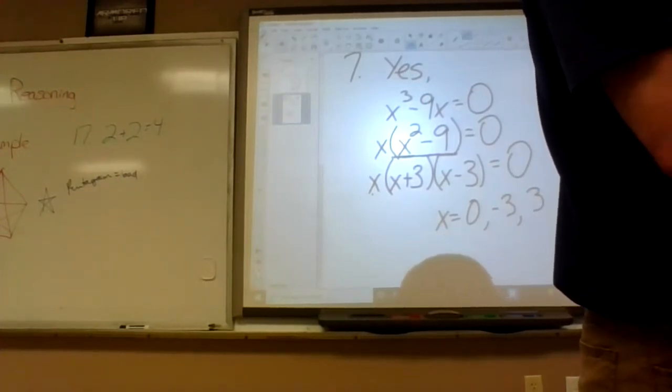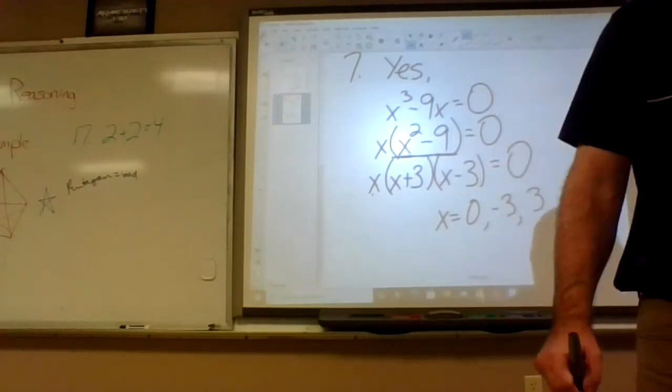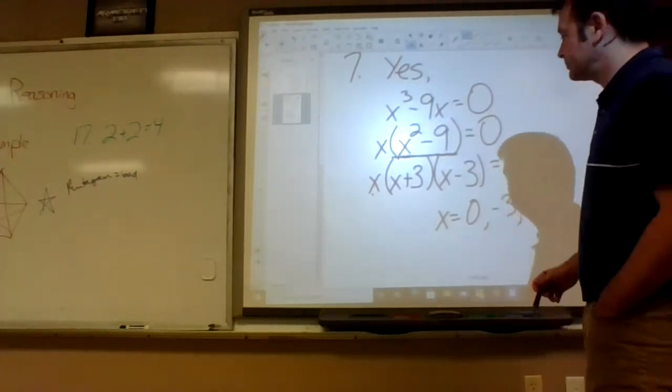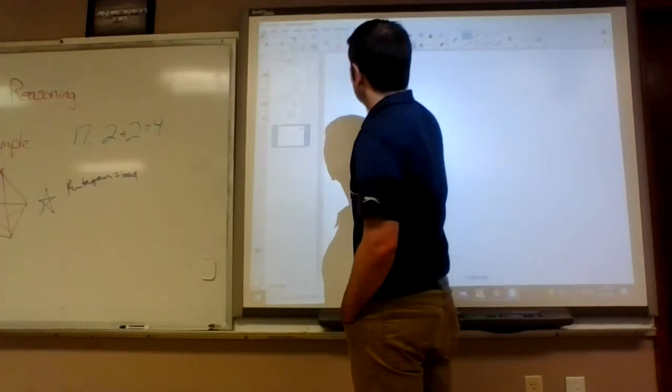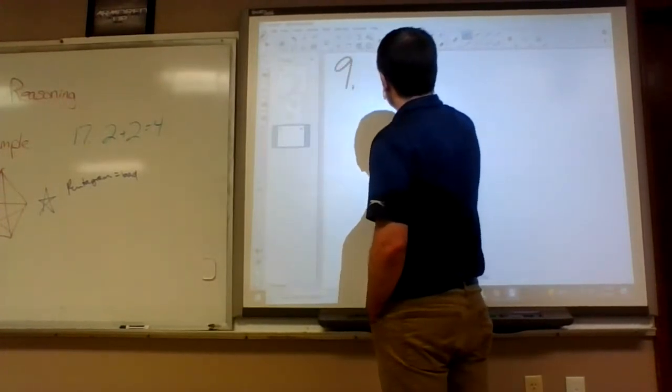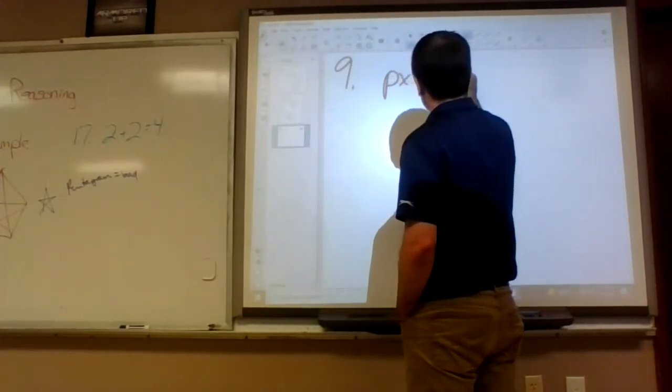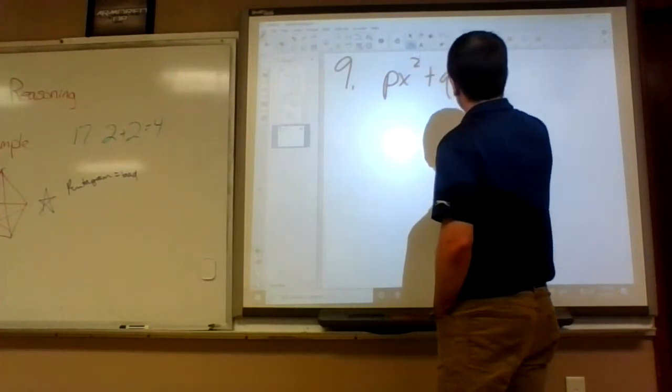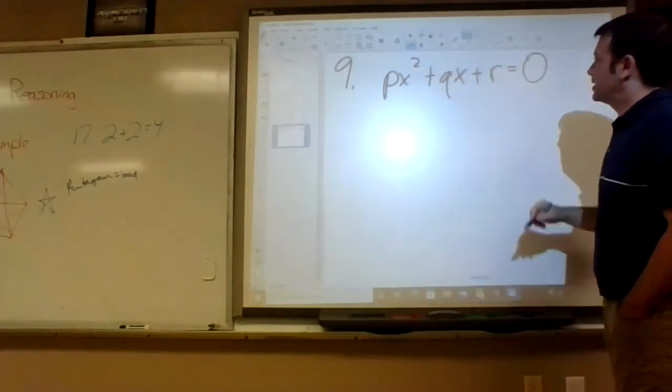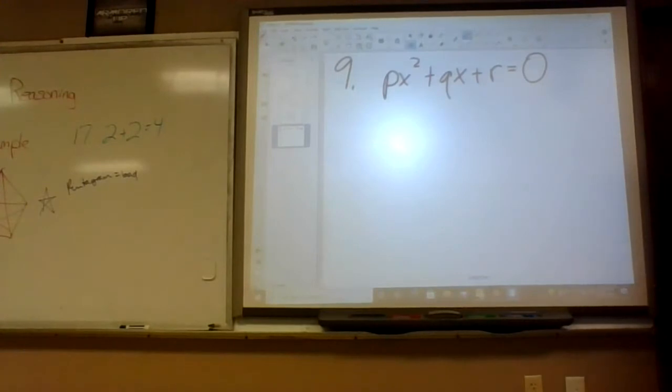Number 9. Letters: px squared plus r plus qx. I changed the order. You guys see what I did with the order?